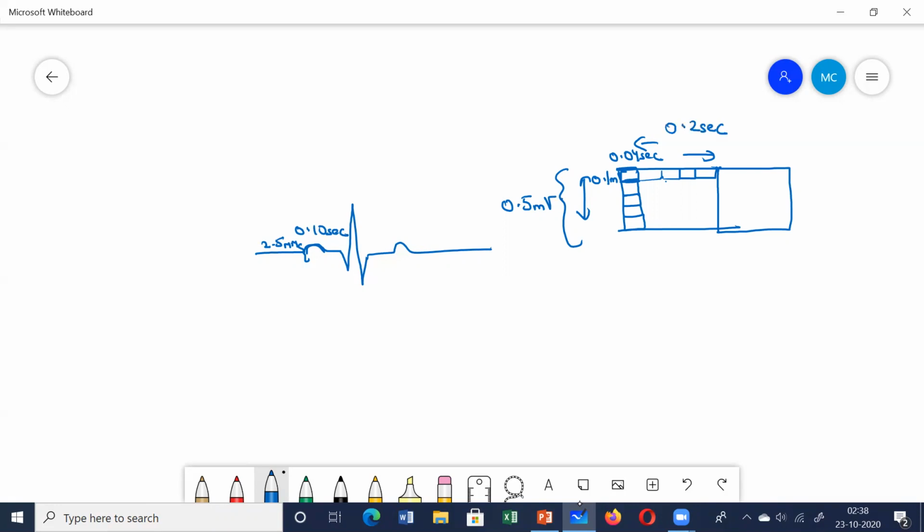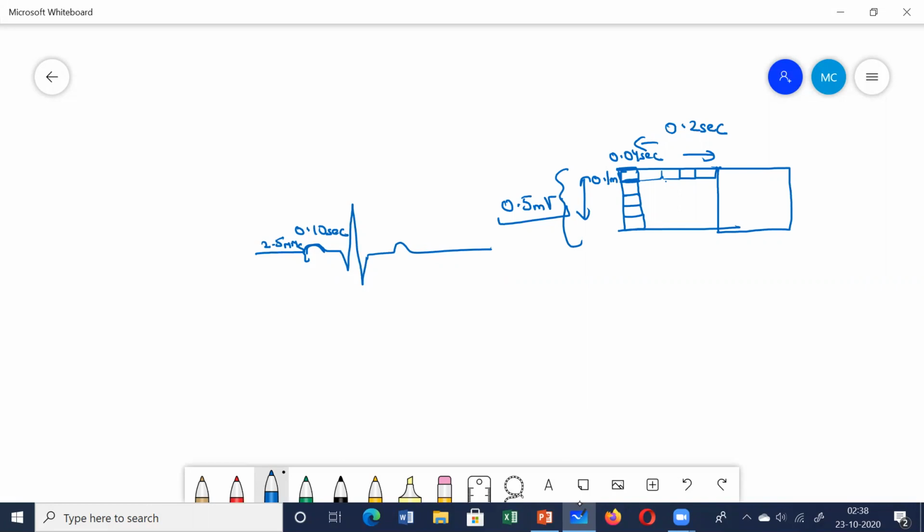And the amplitude, remember, the small square is 0.1 millivolts, so the big box will be 0.5 millivolts. We were talking about this because we were discussing the P wave, whose normal duration should be less than 0.10 seconds and amplitude approximately 2.5 millimeters high.